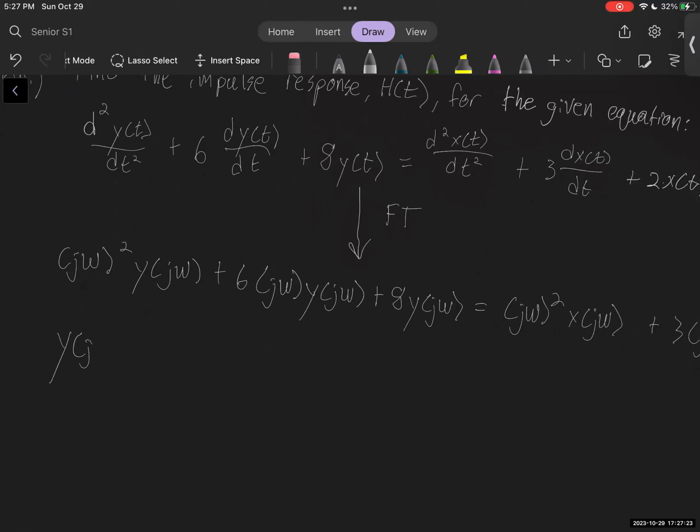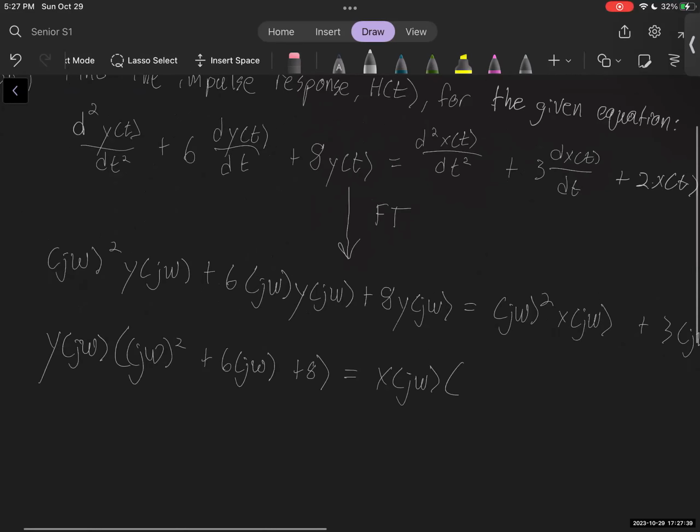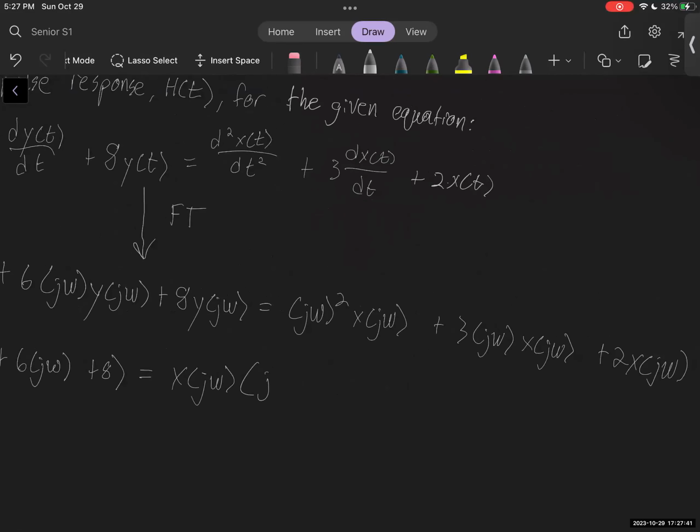So we're going to get y of j omega times (j omega squared plus 6 j omega plus 8) is equal to x of j omega times (j omega squared plus 3 j omega plus 2). Sorry, I missed my parentheses here.